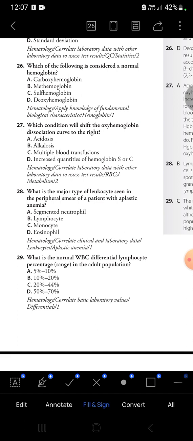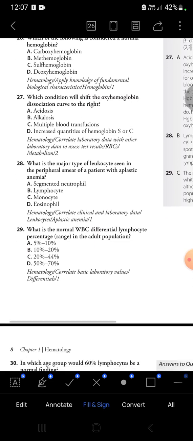Which condition will shift the oxyhemoglobin dissociation curve to the right? The answer is acidosis, because alkalosis shifts the curve to the left, and multiple blood transfusions also shift the curve to the left.